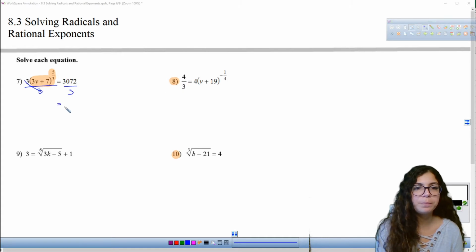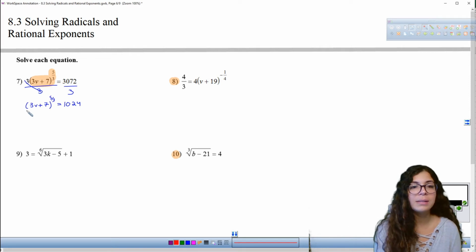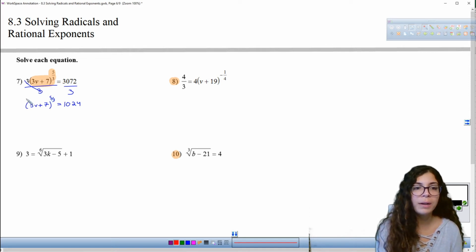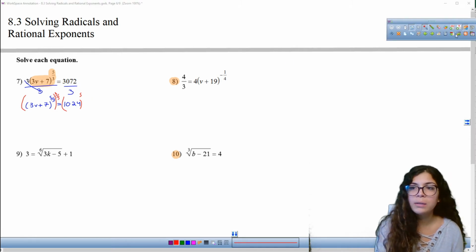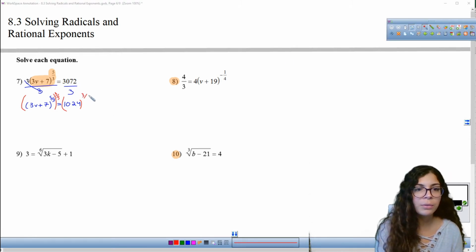Now on the left-hand side, we have 3v plus 7, and that has the power of 5/3. Now that that is isolated, we can get rid of that power of 5/3 by raising both sides to the power reciprocal, because power of a power will multiply. So I'm raising both sides to the power of 3/5.